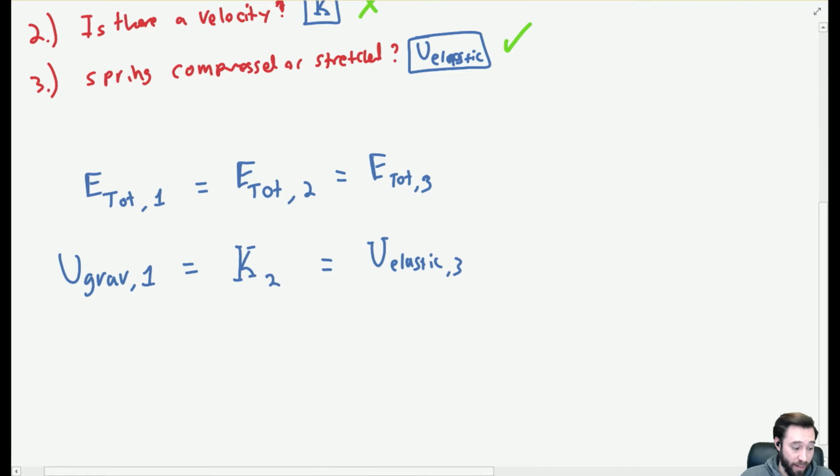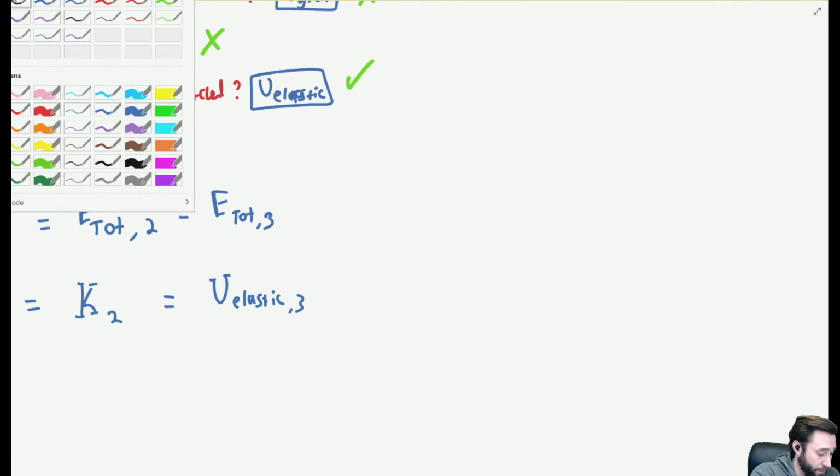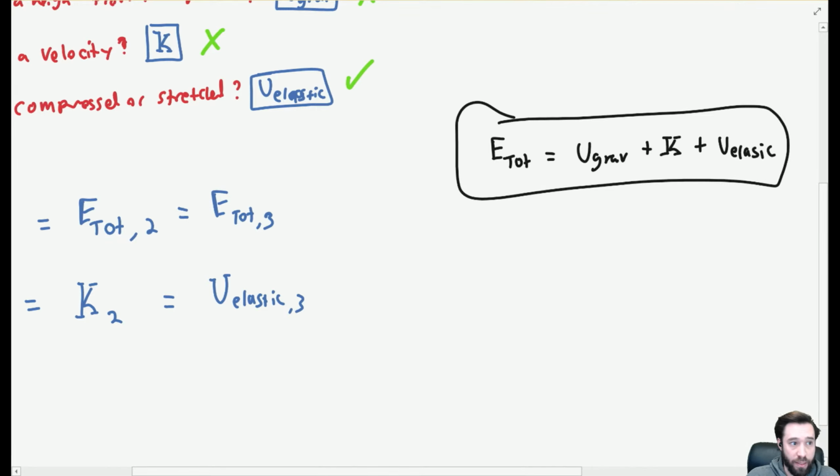Now, it's important to notate at which state it is, because the kinetic energy at state 1, so E total, just as a reminder, I'll put this over here. So this is what E total equals.